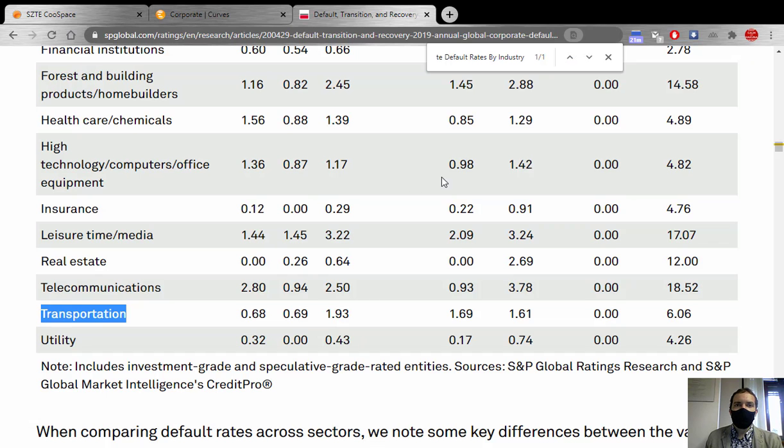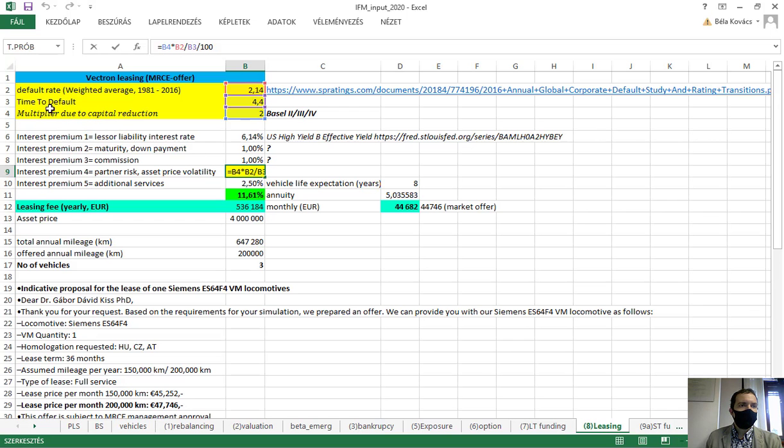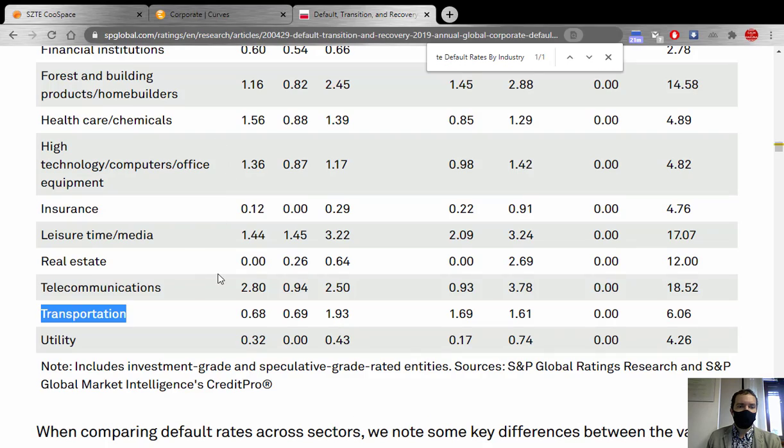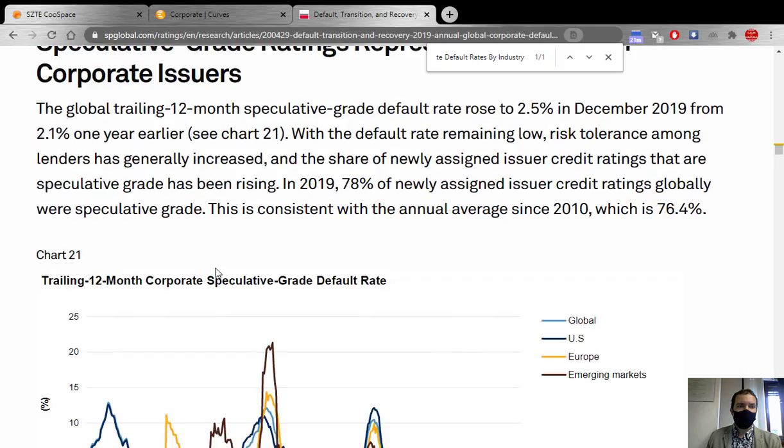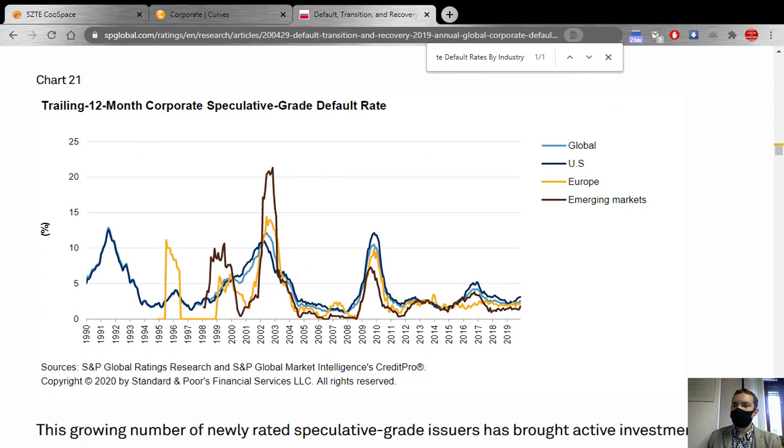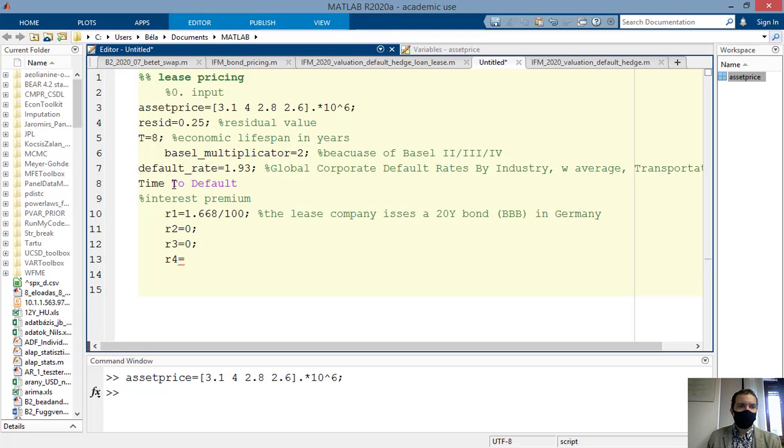Okay, and the other thing we need is time to default. Well, we will look for it.